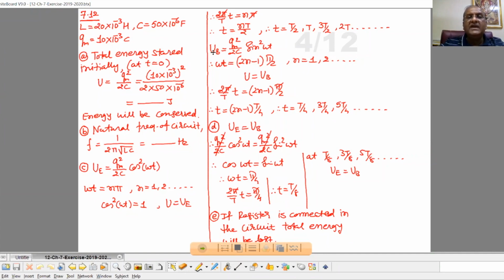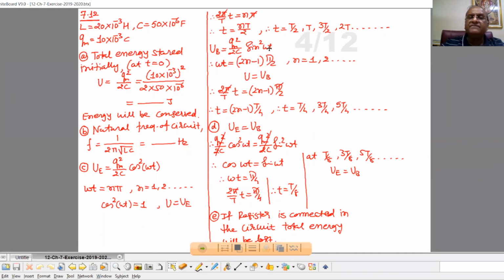So magnetic energy at any instant, that is Qm square by 2C, that is sine square omega t. So here when sine square omega t, that is equal to 1, then total energy, that will be in the form of magnetic energy.